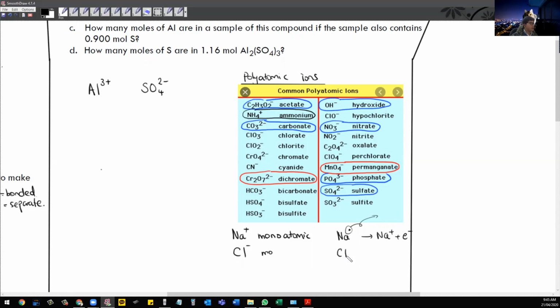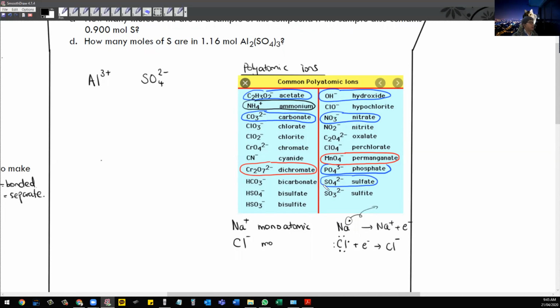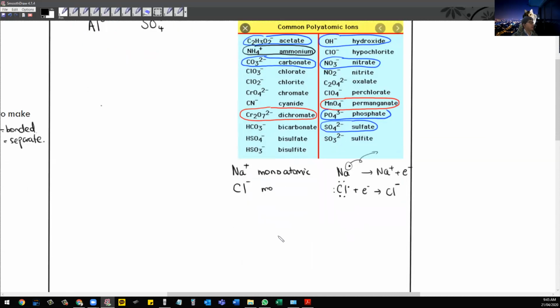Chlorine has 7 electrons, and it gains an electron and becomes chlorine with 8 electrons around it, and therefore negative. That makes sense, right?